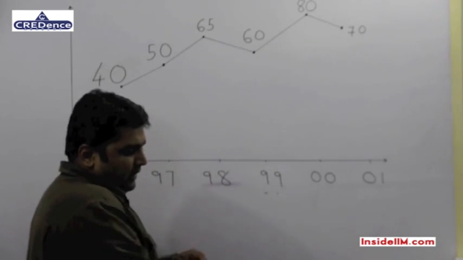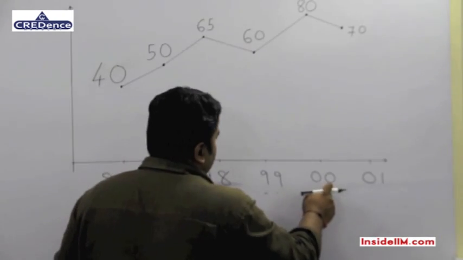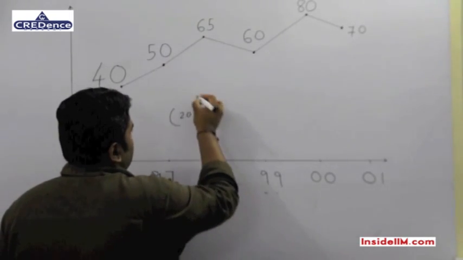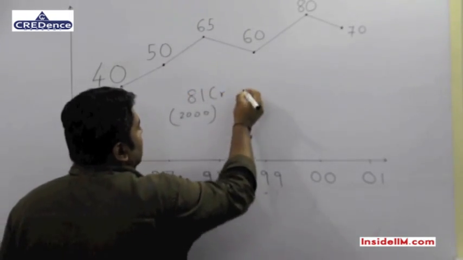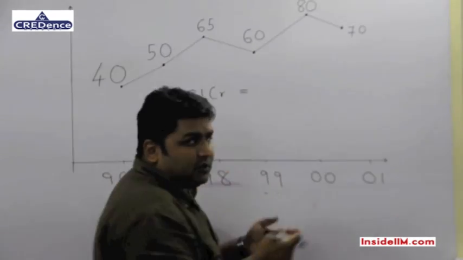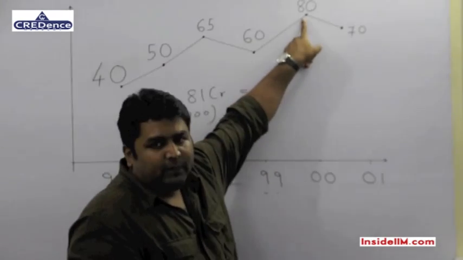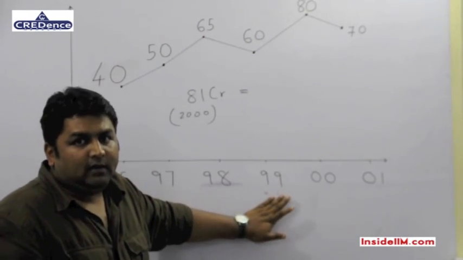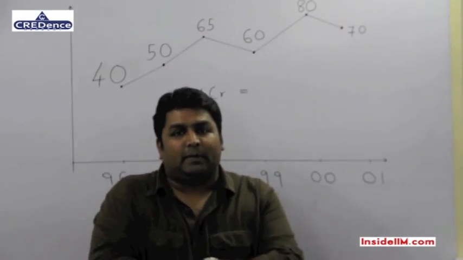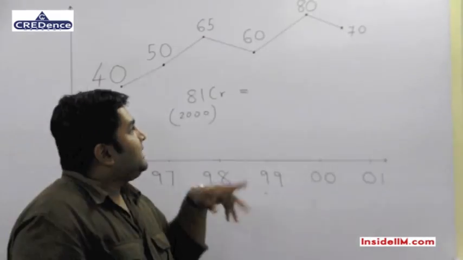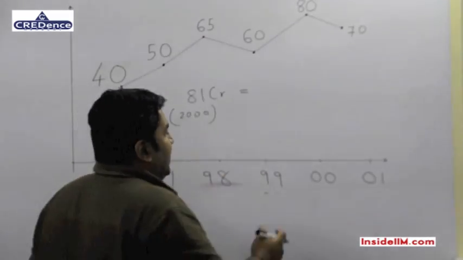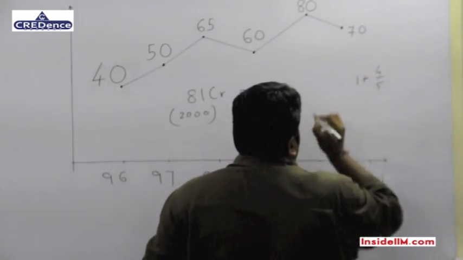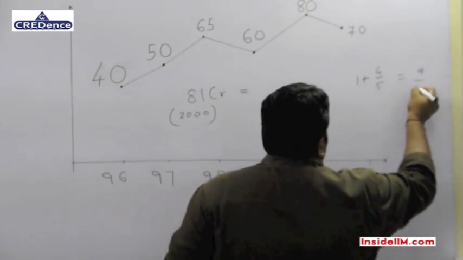The number of gadgets was 81 crores in the year 2000. So the value for 2000, which is 81 crore, is, now having understood the graph, we know this is 80% more than the value for 1999. Like I said earlier, 20% is 1/5 of something, hence 80% will be 4/5. And if you want to increase something by 4/5, you would typically do 1 plus 4/5, which is 9 by 5.